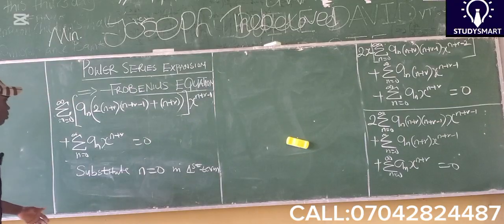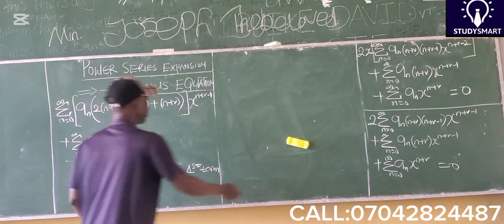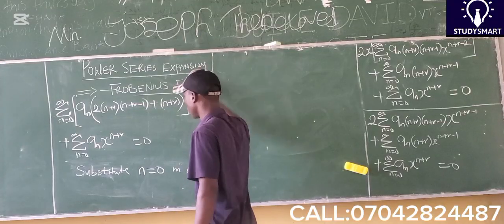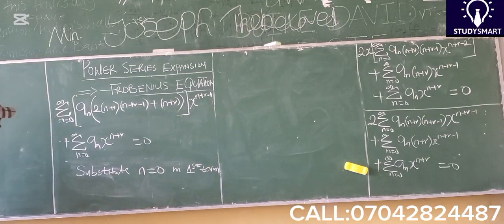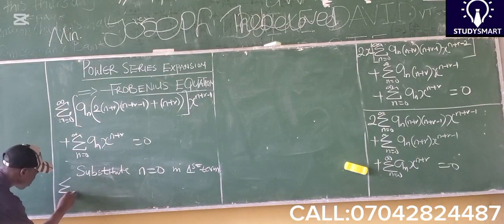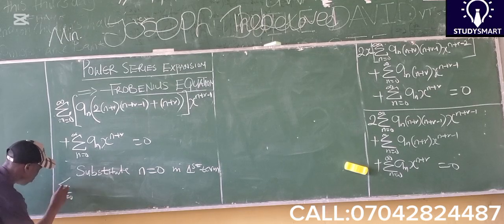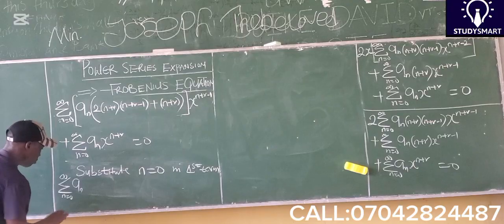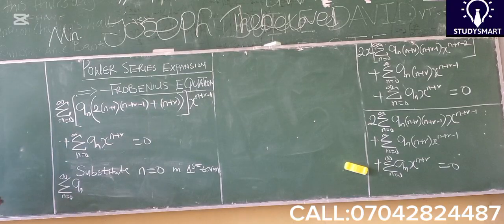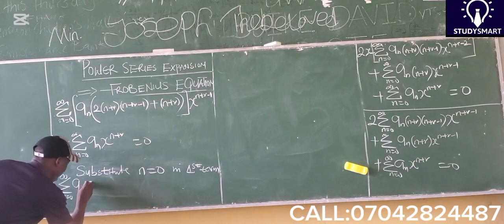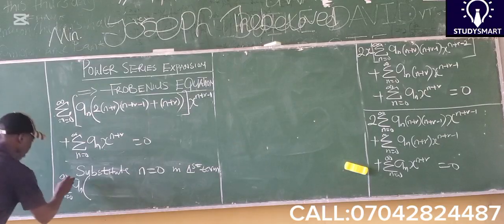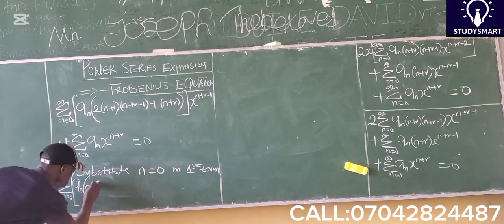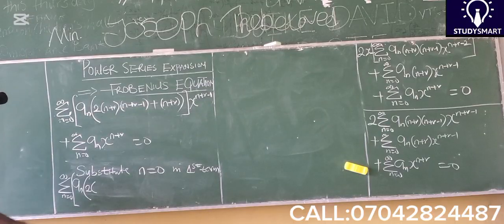So if I do that, what am I going to have? I'm going to be having the summation from n equal to 0 to infinity of a of n, times 2 into, anywhere I see n here, I put 0.